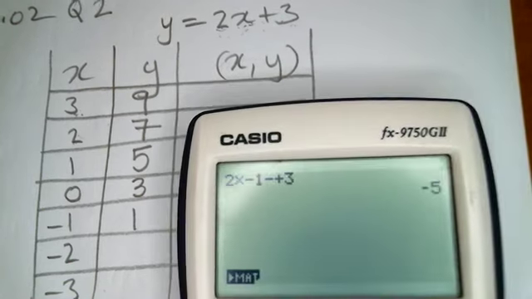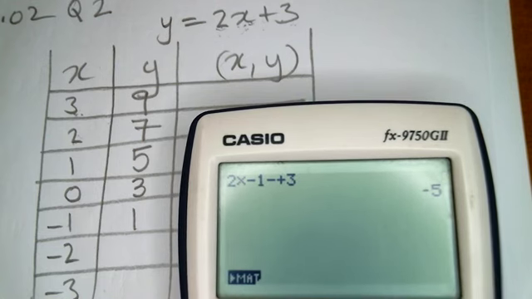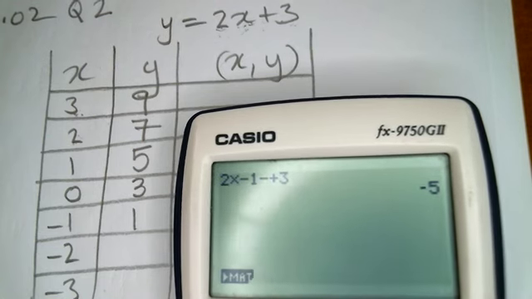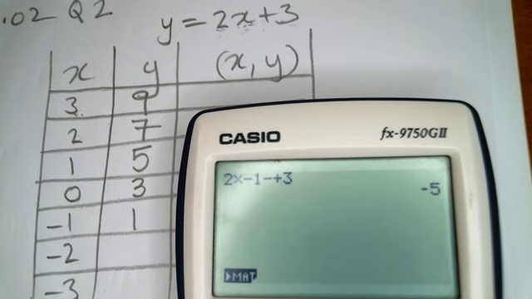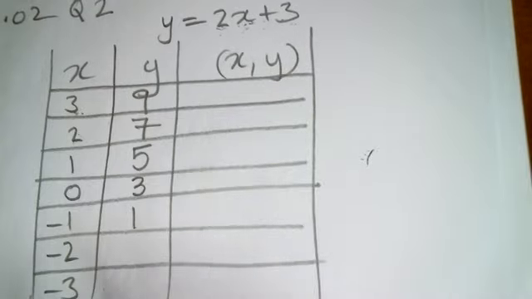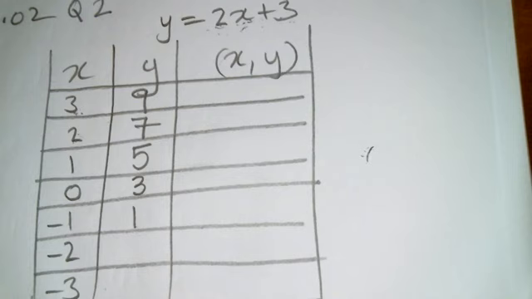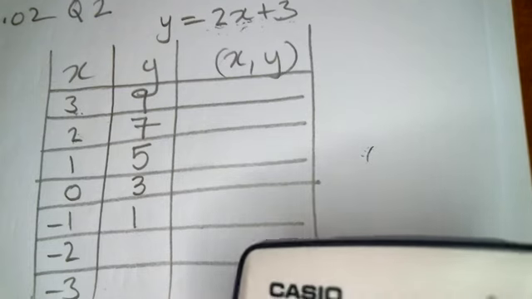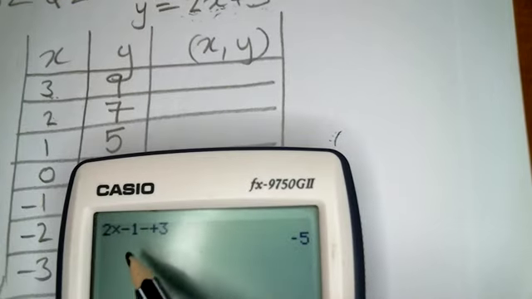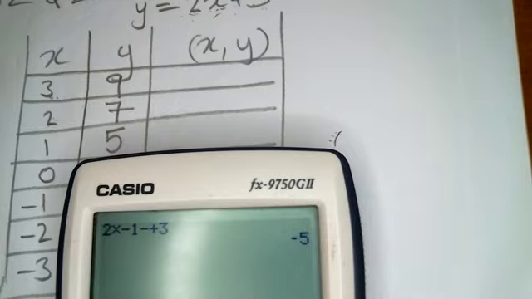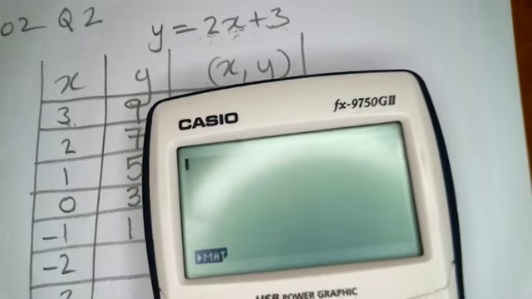Oh, wait one second. What have I done wrong here? Okay, 2 times -1 plus 3. So 2 lots of -1 is -2, plus 3. Why does it say that? Oh, I've got a minus in here. That's why I've got it wrong. So let's do that again. Crikey, that was terrible.